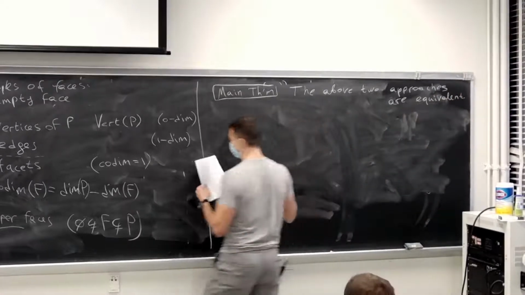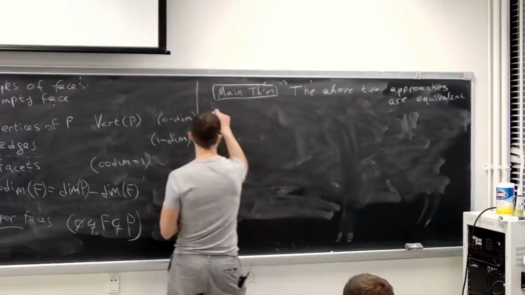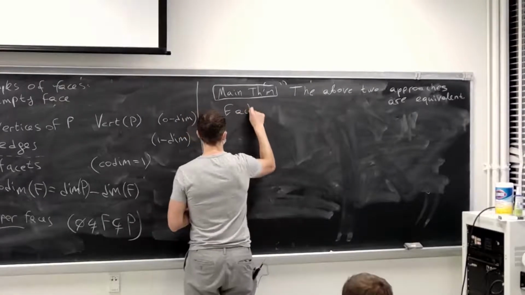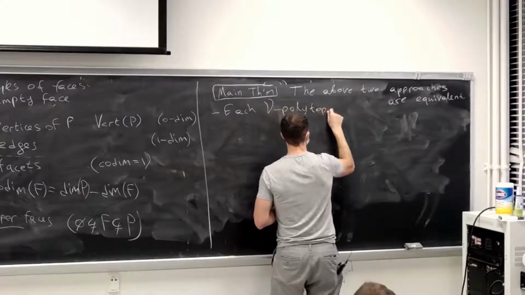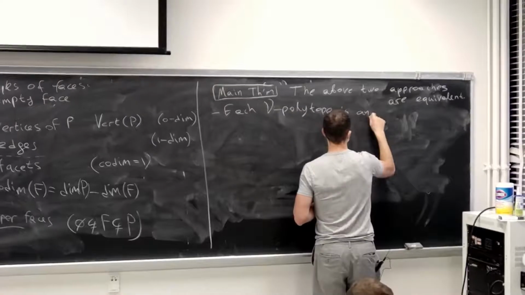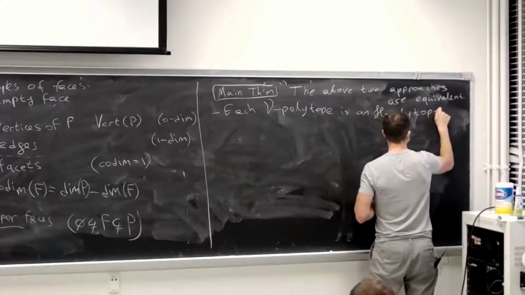By that I mean that first of all, each V polytope is an H polytope and vice versa.